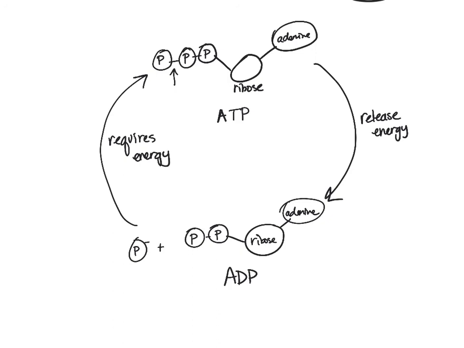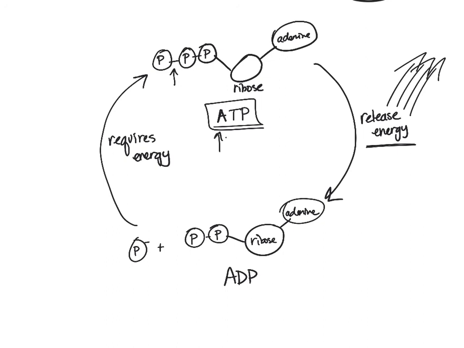We have our ATP that we can use when we cleave off that phosphate group. This is going to release a burst of energy that we can use to build up molecules, to transport things, for muscle contraction, different things like that. We can utilize that energy, but then we need to replenish that. And we do that by taking in glucose. We use the energy that's in glucose, and then we use that energy to attach that third phosphate again, and that's storing up this high energy molecule again.